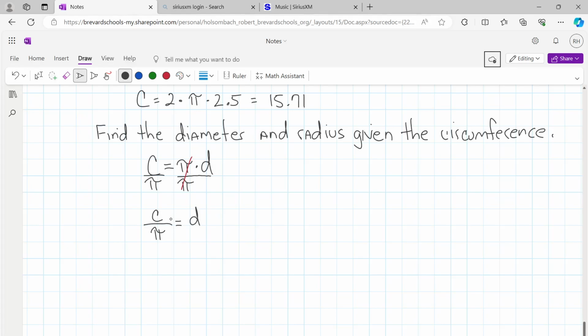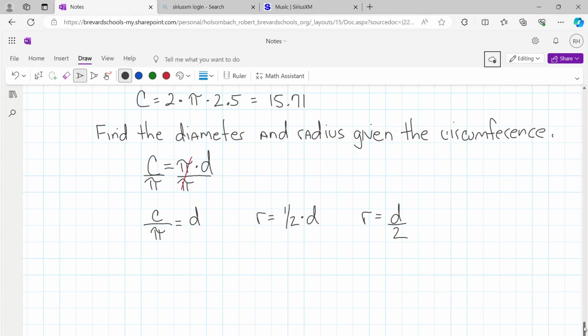And we said yesterday that the radius is equal to 1/2 times diameter, which is the same as the radius being equal to the diameter divided by 2. So what you're going to be given is the circumference.